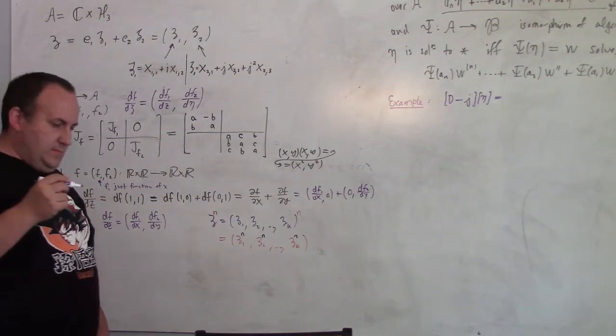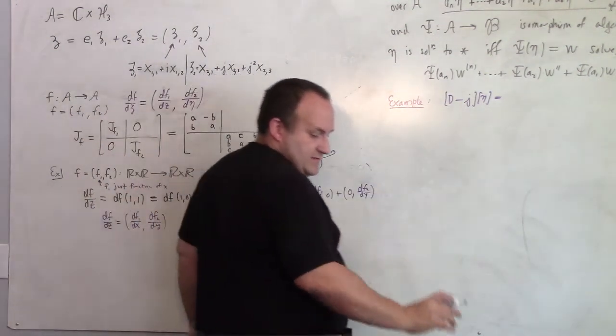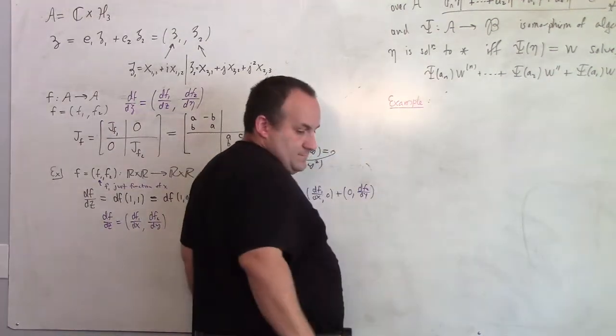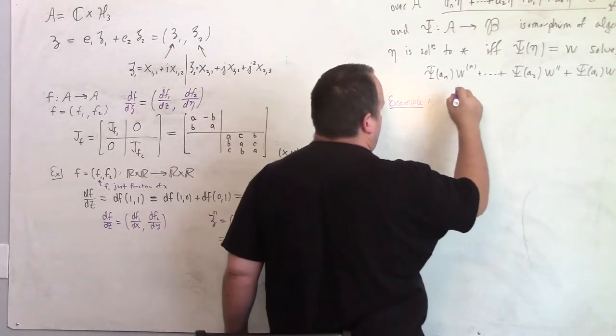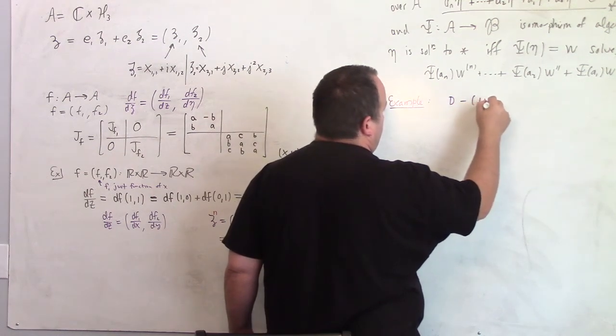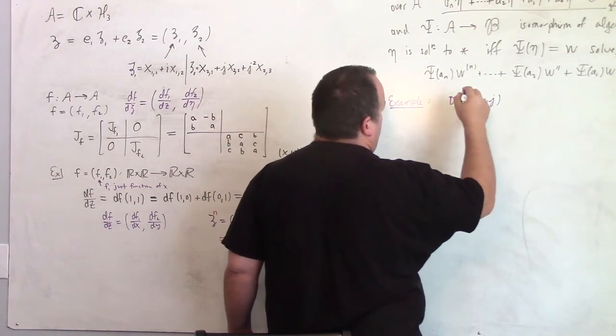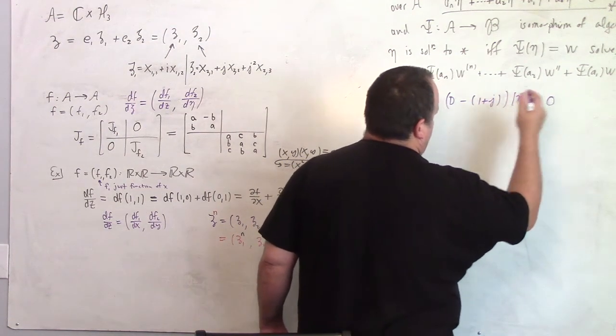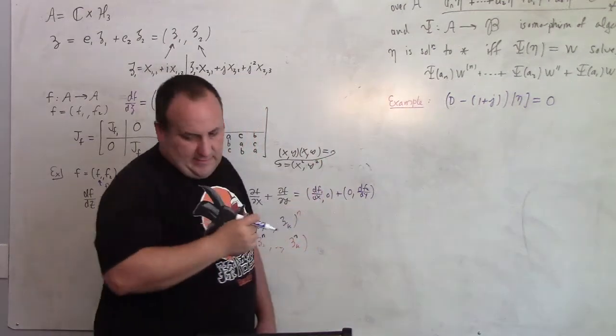Excuse me, sorry. What I want is t minus 1 plus j acting on eta equal to 0. Let's look at this example here.